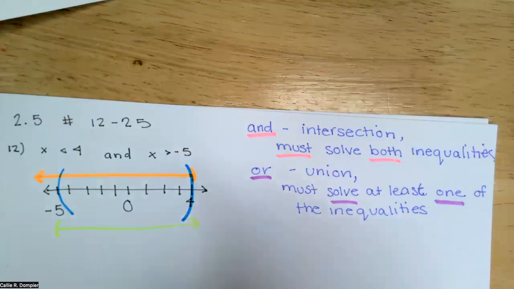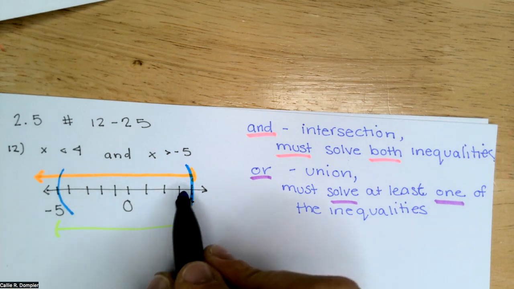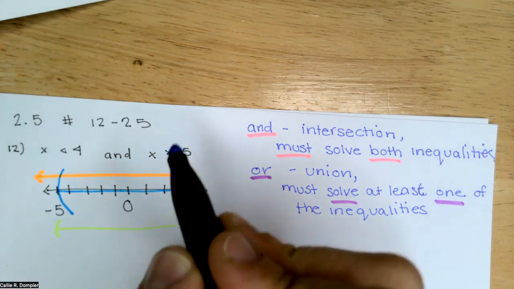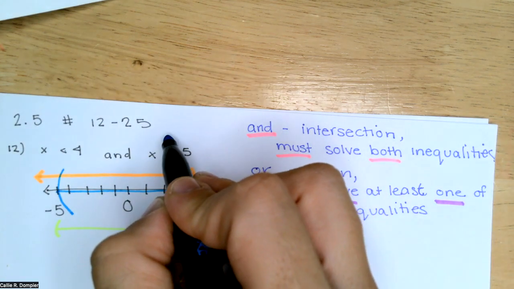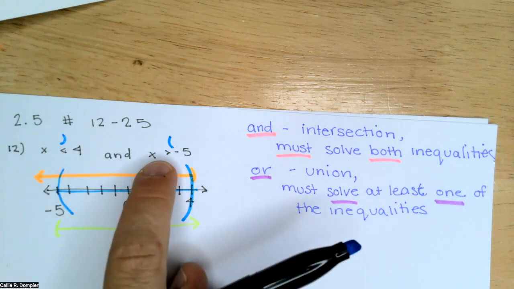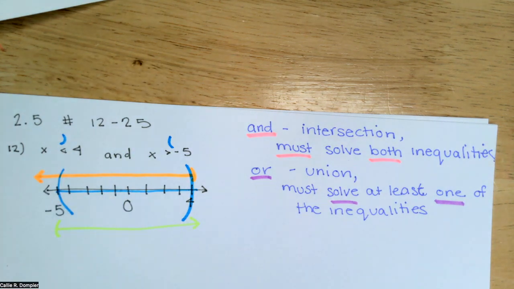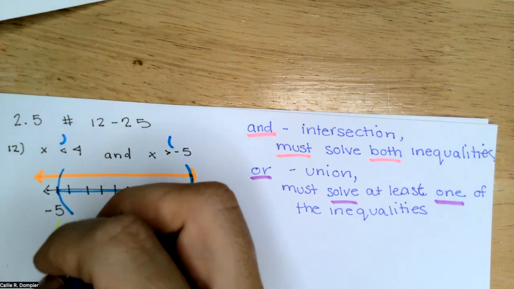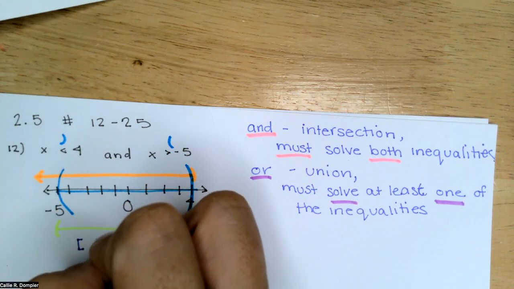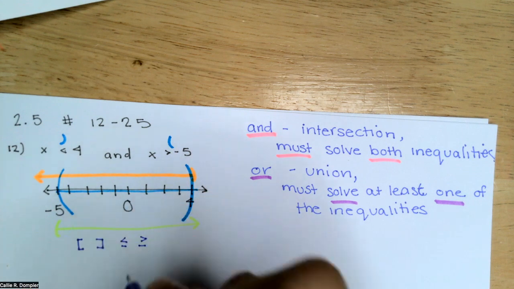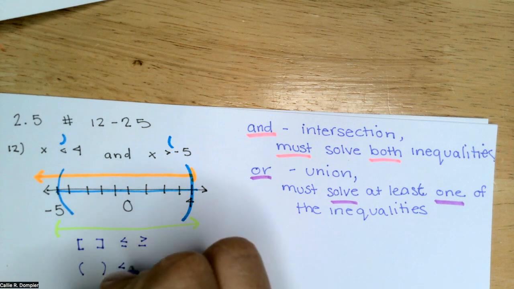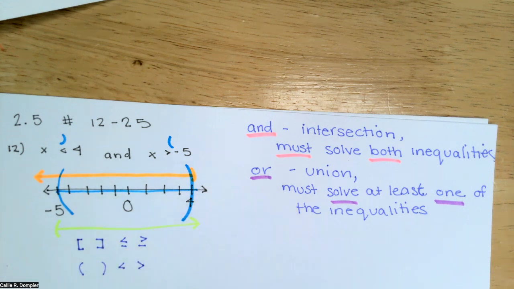So my final answer is that it's every term between -5 and 4 with parentheses, because we use parentheses for less than or greater than, whereas we use brackets when it has the equal sign, parentheses when it does not. Okay.